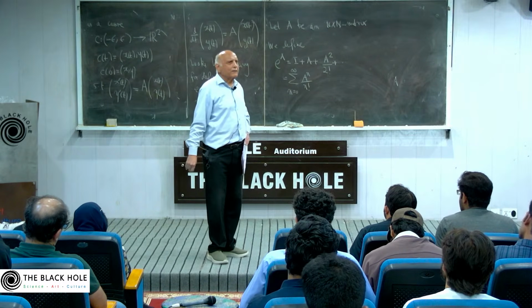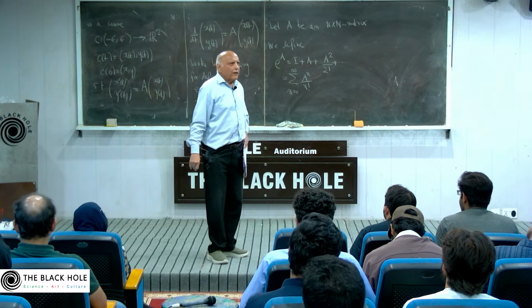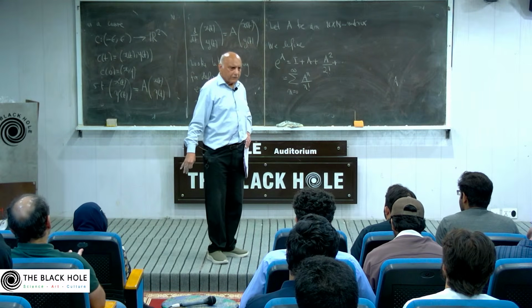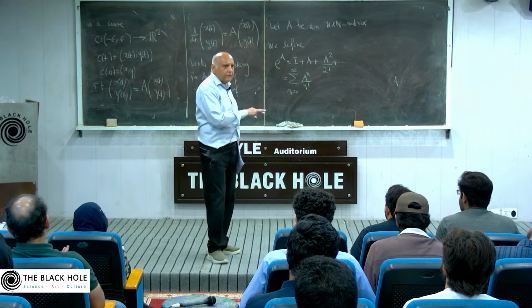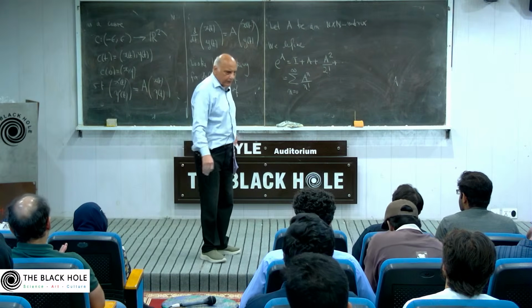In the notes, I'll give you some references where you can read all these things, right? These are points of analysis. If you do that, we will not get anywhere, okay?